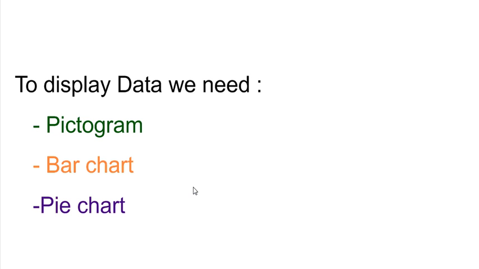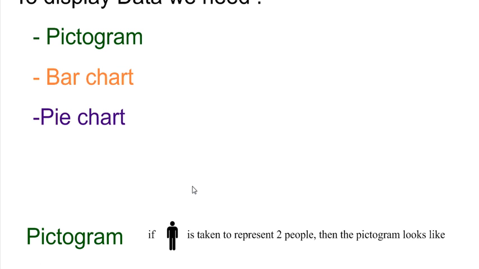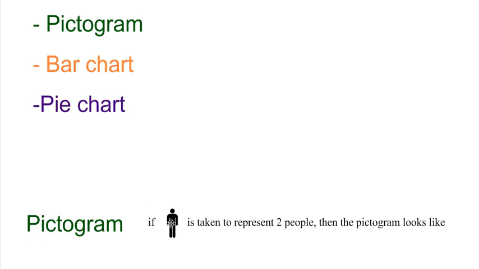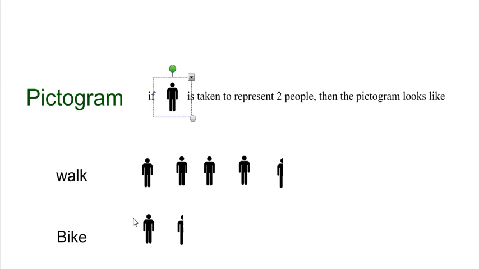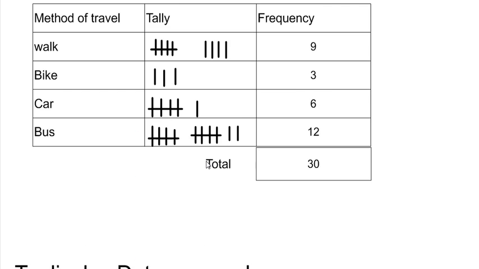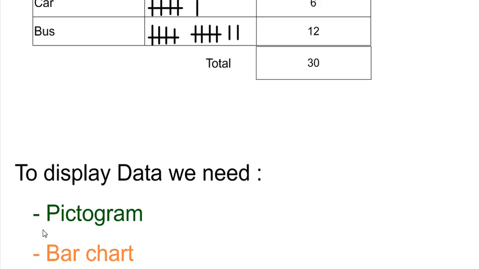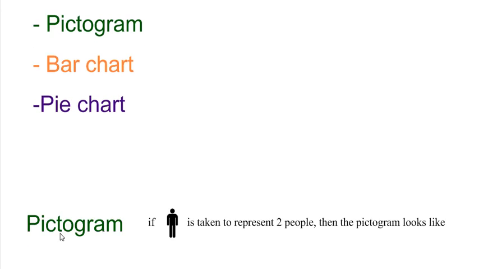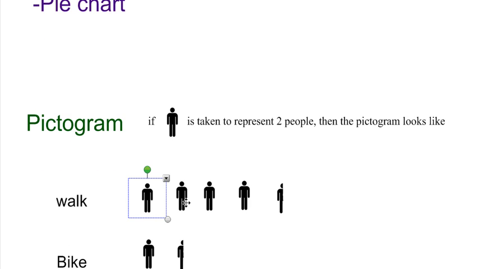What is a pictogram? A pictogram is a diagram with pictures. For example, if the picture of a boy represents two people, then for people who walk to school, we have 9 people, so we have 2, 4, 6, 8, and half a picture, so 9.